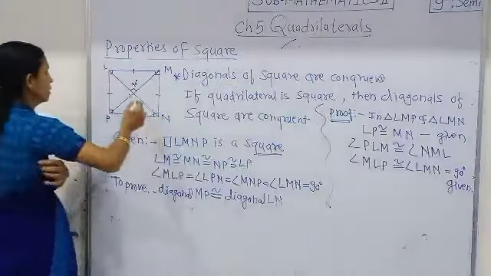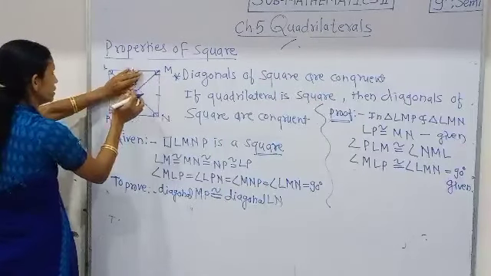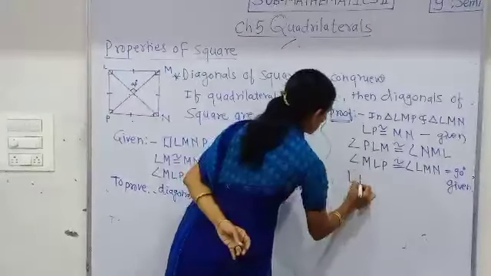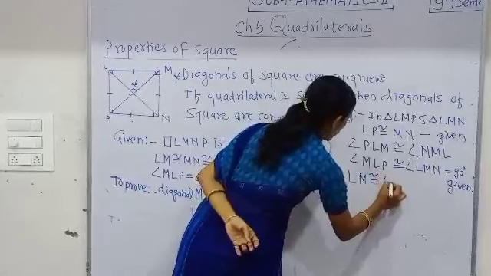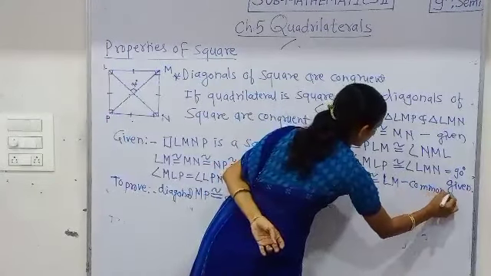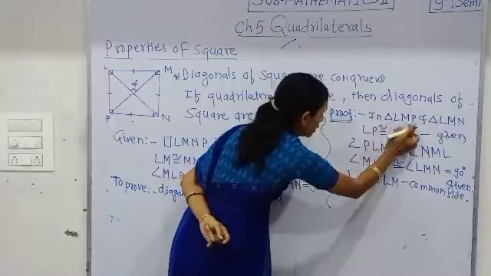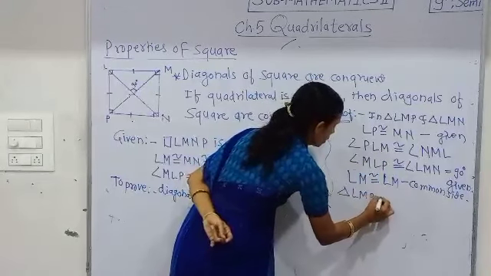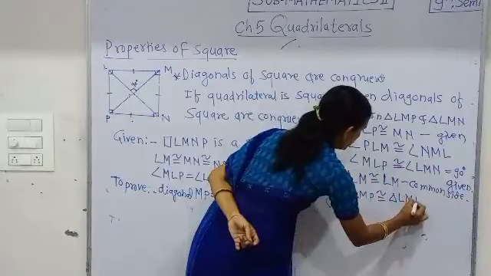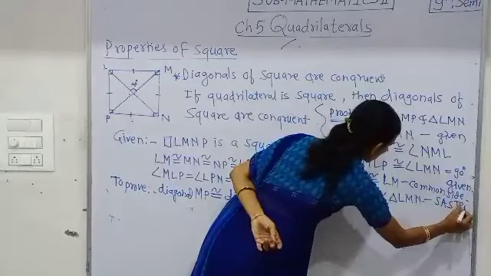And here, the side LM of this triangle and the side LM of the second triangle are congruent, LM congruent to LM, because of the common side. Therefore triangle LMP is congruent to triangle LMN by the SAS test.